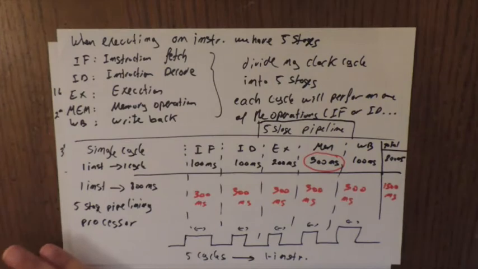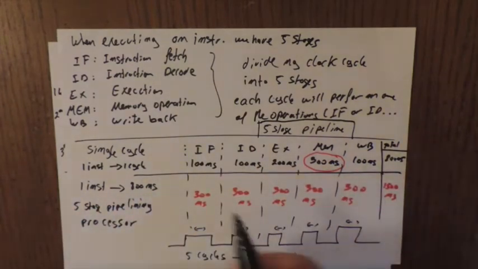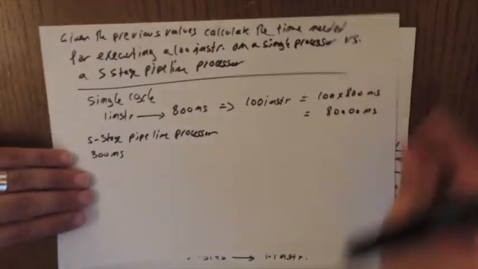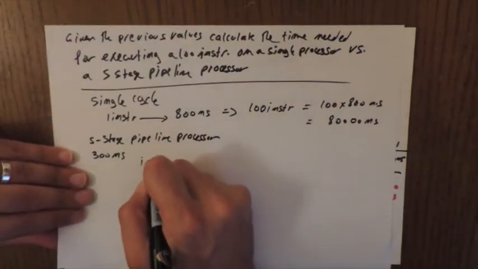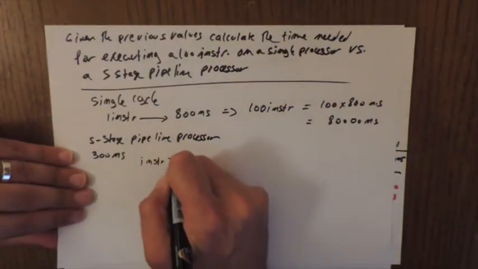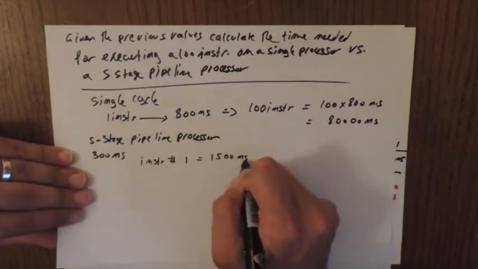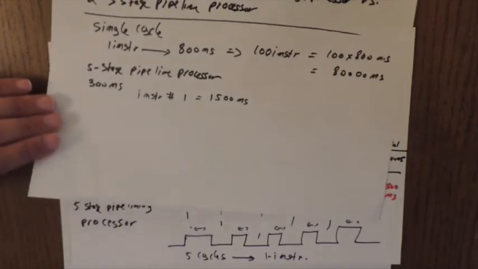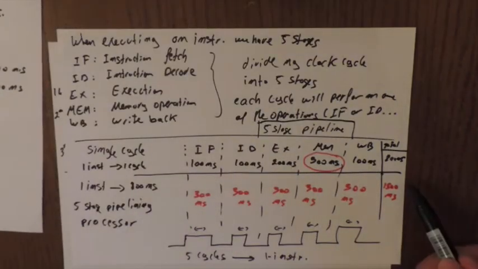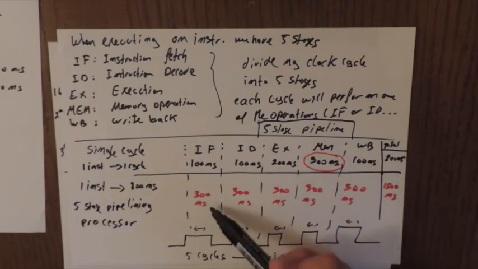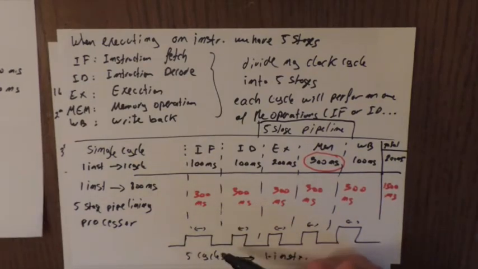So the first instruction, as it executes, will take 1,500 nanoseconds. So instruction number 1 will be 1,500 nanoseconds. But what happens when I'm actually doing IF? I'm going to put another instruction.